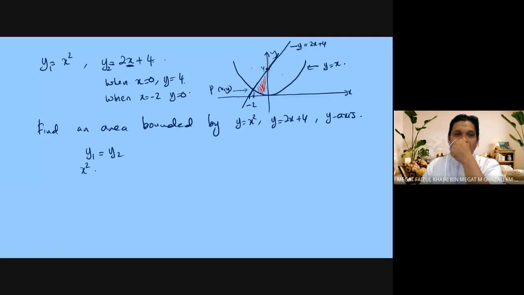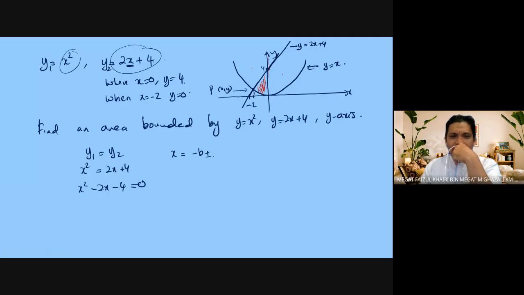So we get x squared equal to 2x plus 4. Then we get x squared minus 2x minus 4 equal to 0. I think it is impossible for me to factorize this, so let's use negative b plus minus square root of b squared minus 4ac, divided by 2a.